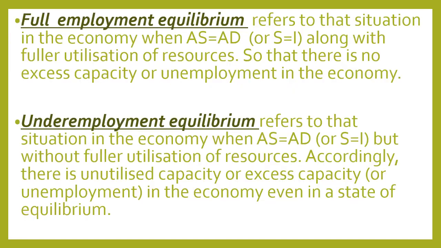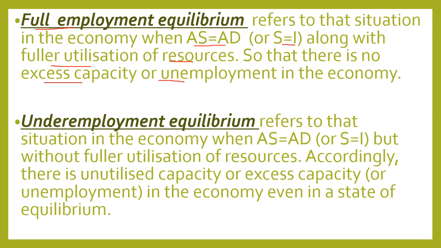See, the first concept is full employment equilibrium. It refers to that situation in the economy when AS is equal to AD or S is equal to I, along with fuller utilization of resources, we can say human resources, so that there is no excess capacity or unemployment in the economy. In the last chapter, we read that equilibrium is struck when AD is equal to AS or saving is equal to investment.